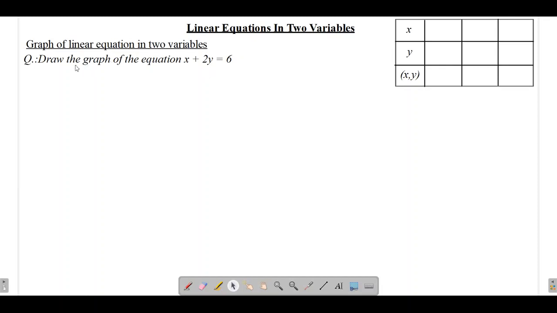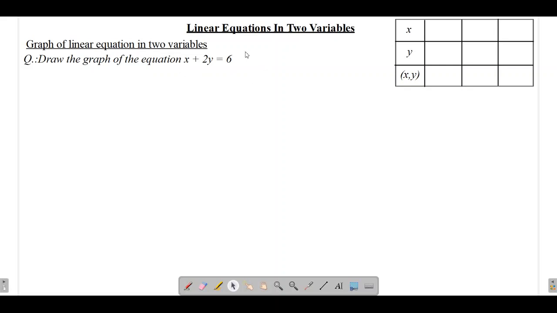My dear students, you all have studied in the previous chapter about coordinate geometry. There you studied how to plot a point on a Cartesian plane or on a graph sheet. We are going to utilize the same in this topic to represent the graph of a linear equation on the Cartesian plane.